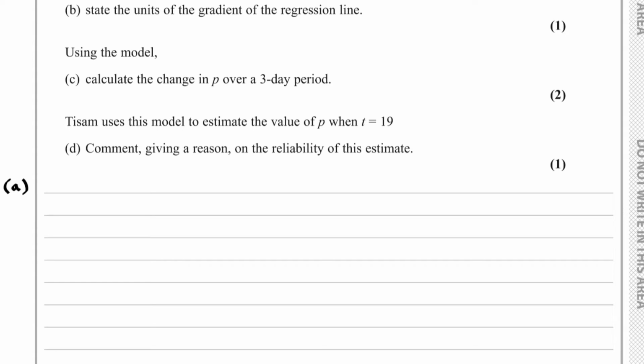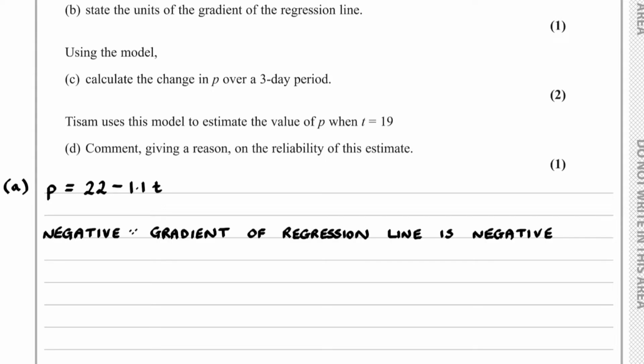Well, what we know for part A is p equals 22 subtract 1.1t, and therefore what we have is a negative correlation, and that's because the gradient of the regression line is negative. So because we've got a negative gradient, we have a negative correlation.